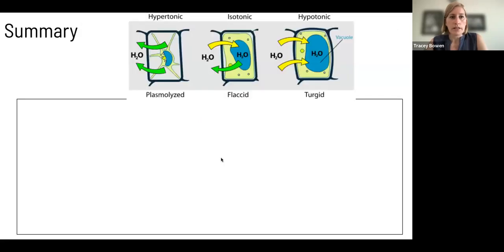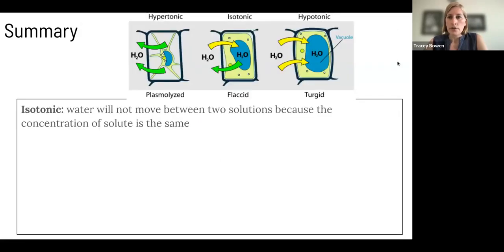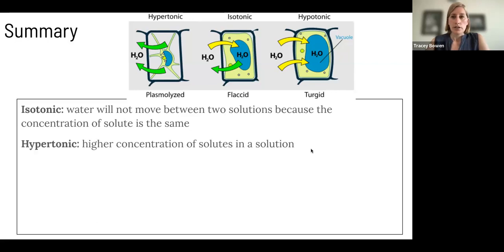So to summarize, in isotonic solutions, the water is going to move in and out, but no net change is going to occur to the cell because the concentration of the solution is the same as the concentration inside and outside the cell. Hypertonic solutions are going to result in a net movement of water outside of the cell because there's more solute outside than inside, and it's going to end up having that cell become plasmolyzed.